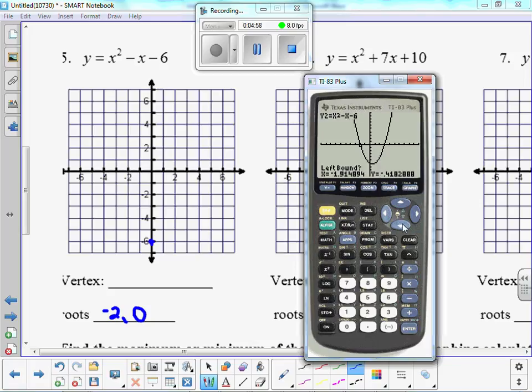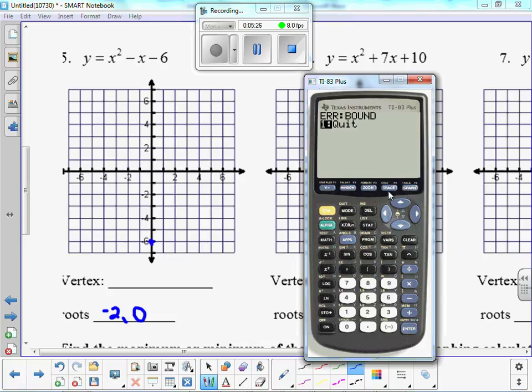So now we're going to have to go all the way down to the other side. And now we're marking our points. We always go a little bit above the x and we mark the point. So the calculator is trying to measure that point. Then we're going to go a little below the x so the calculator can measure where it's going to cross, and hit enter. Okay, I didn't go quite far enough.